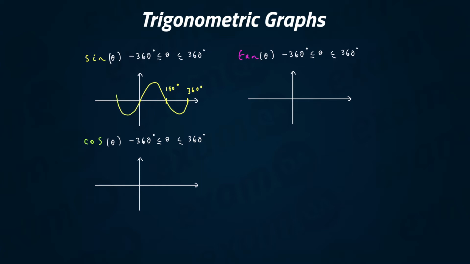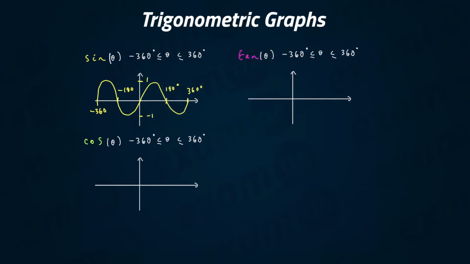Carry on going back down, back up. There you go. And that's going to be negative 180 and that's going to be negative 360. And the peaks are at 1 and minus 1. So that's sine theta for you, between 360 and minus 360.